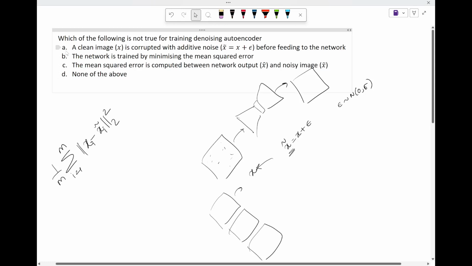So both option A and B are true. Option C is asking: the mean squared error is computed between the network output, which is some X hat, and the noisy image, X tilde.